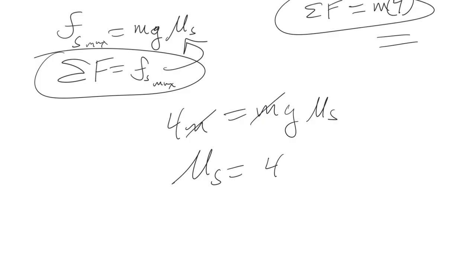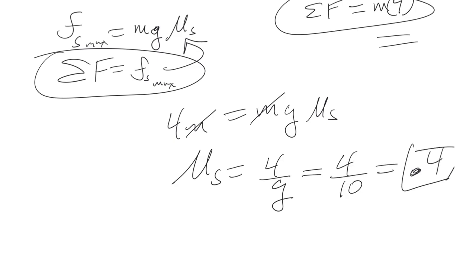So that'd be 4 divided by g. Acceleration due to gravity on Earth is 10. So 4 divided by 10 equals 0.4. That's the maximum coefficient of static friction between the crate and the bed of the truck.